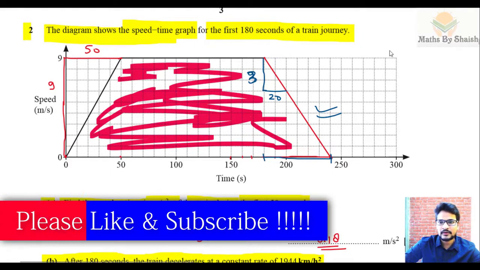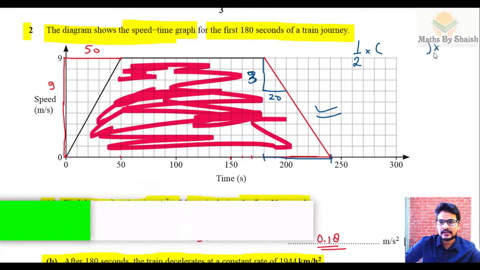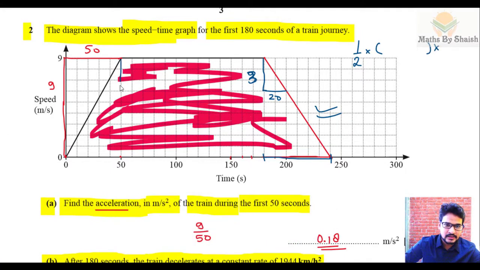We find it by the formula half into the sum of the parallel sides into its height, and height is given as 9. The sum of the parallel sides is 240, plus this comes at 50 and this comes at 180, so this distance becomes 130, plus 130.